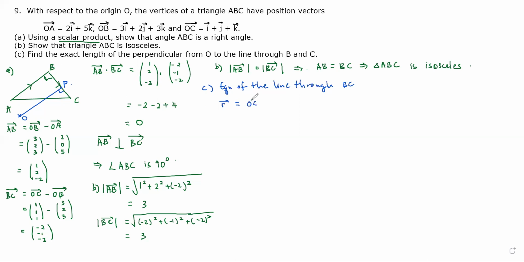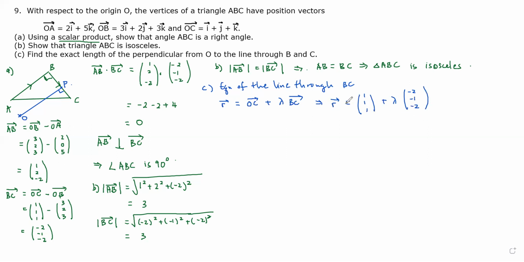That is, we can use OC plus lambda times a vector that is parallel to the line through BC. So we could use vector BC. Then in that case, the equation of the line, vector OC is 1, 1, 1, plus lambda times vector BC, which is minus 2, minus 1, minus 2.